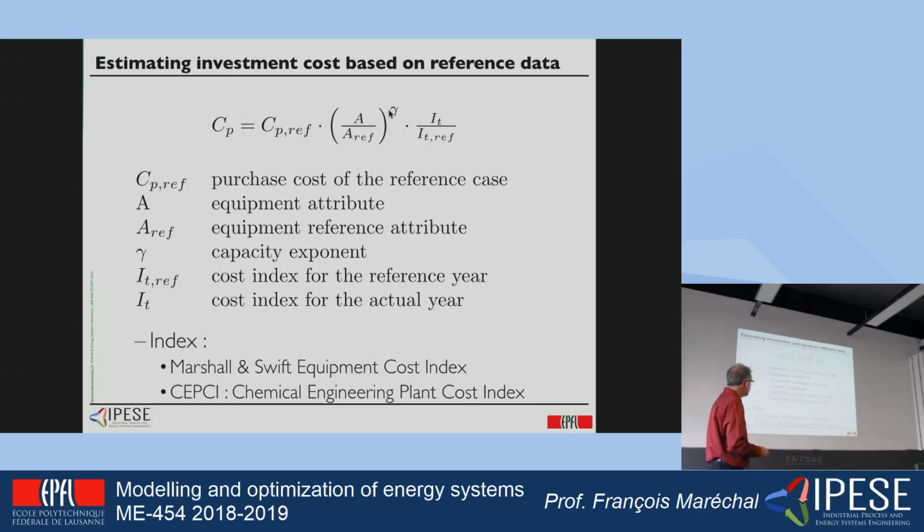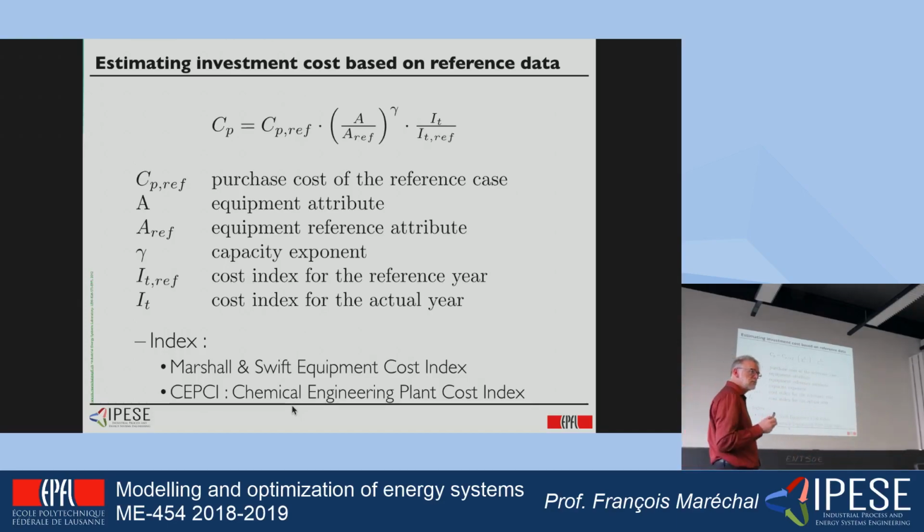For doing this, we use an indexing system based on the observation of the value of money for buying equipment over time. Those values can be found in journals like Chemical Engineering, which reports each month the value of the index of a given equipment.